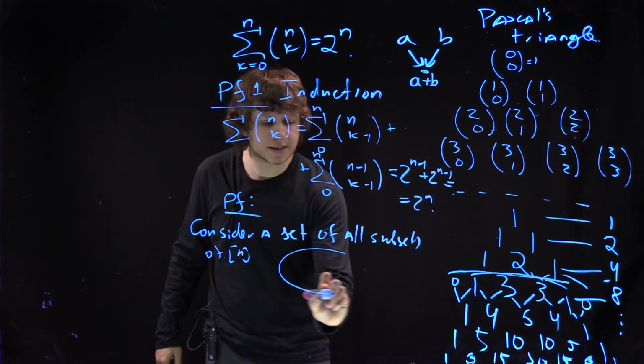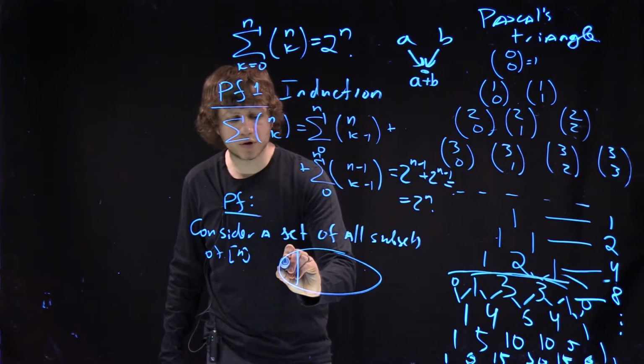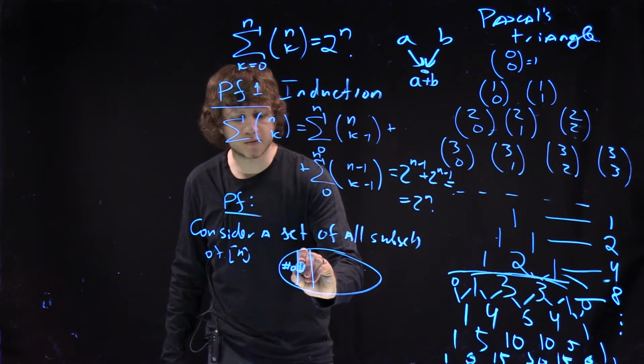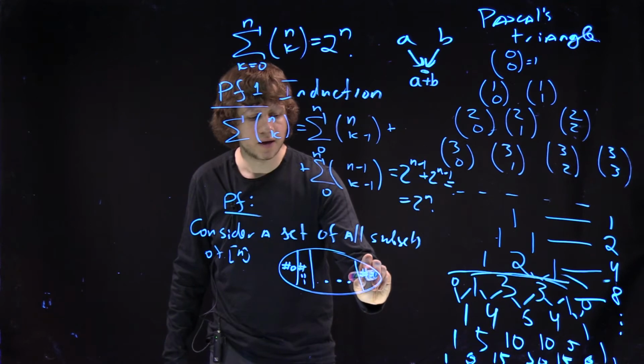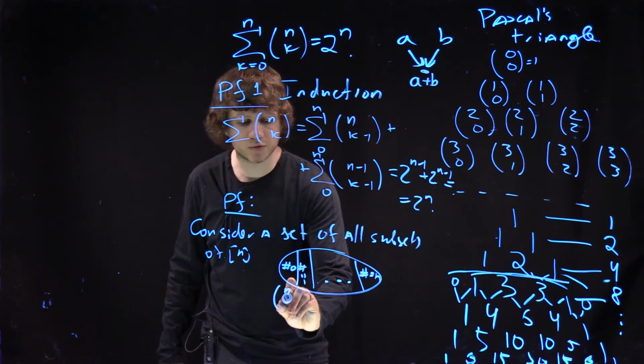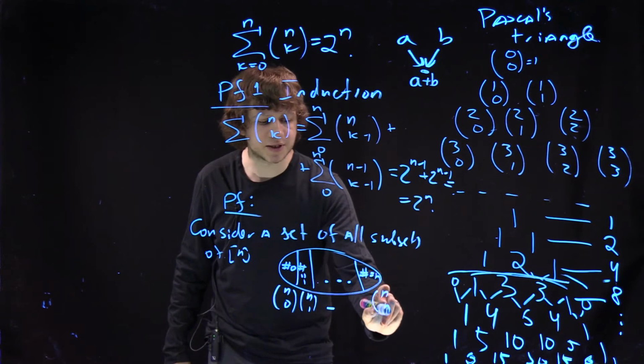This set of all subsets has subsets of cardinality 0, cardinality 1, and so on, up to cardinality n. And for each of them you have n choose 0, n choose 1, and so on, n choose n subsets.